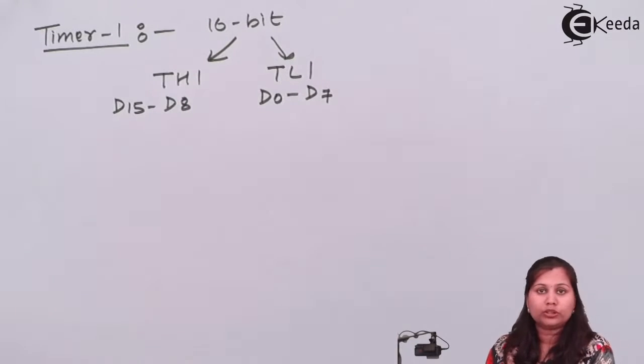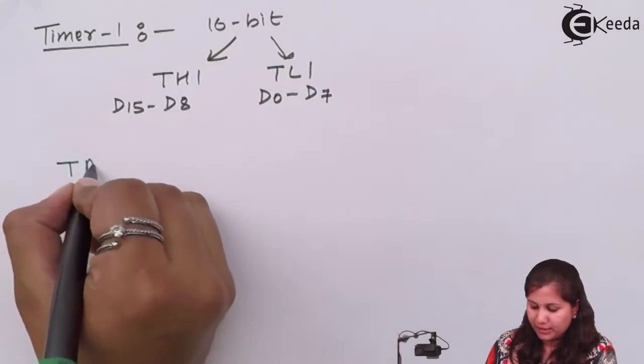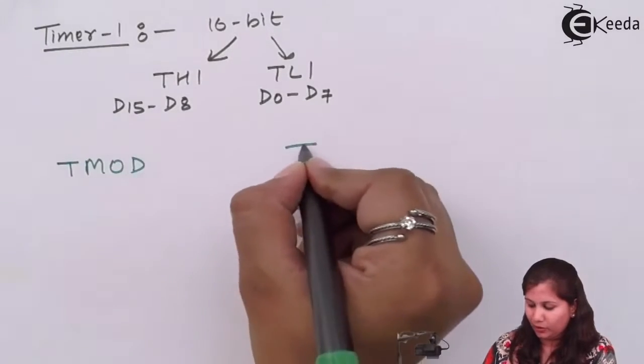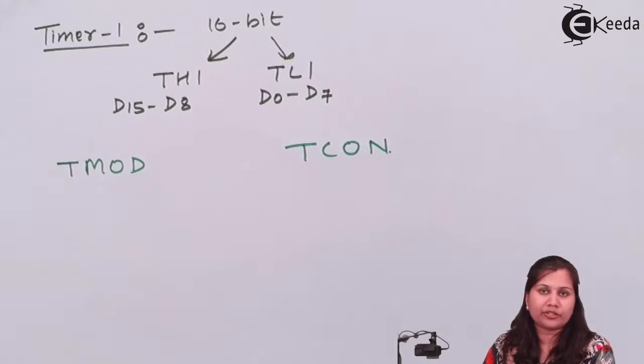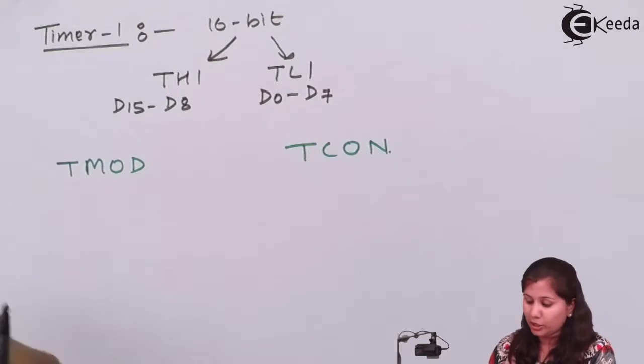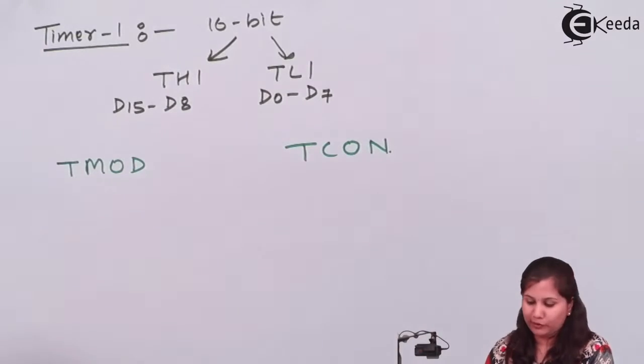Now let's come to the two registers which are associated with the functions of these timers and counters. We have the two registers TMOD and TCON. These are two special function registers, meaning registers which have a special function associated with them. So these two registers are for the timers' operation.